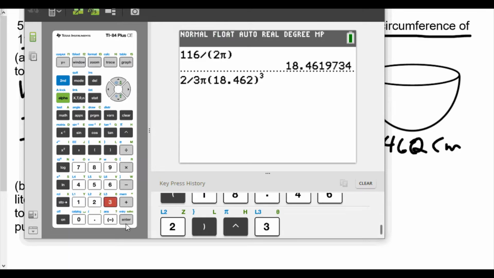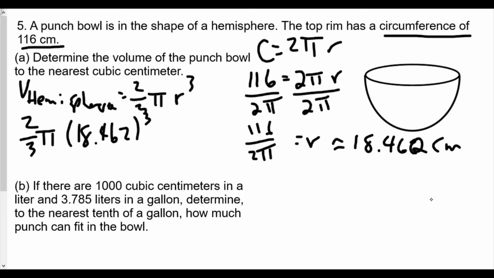Okay, there you go. We get a value of 13,179.3, which rounds to the nearest cubic centimeter as 13,179. So we have an answer of about 13,179 cubic centimeters.